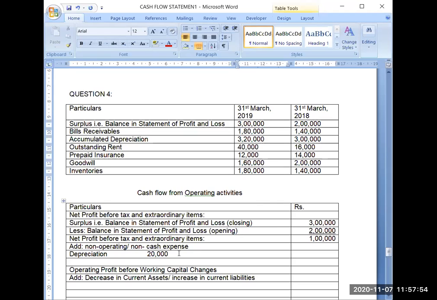Can you tell me? Because it is goodwill written off. This much goodwill has been written off. That's why it is reducing here. So goodwill has been reduced by 40,000, that we will be adding here.